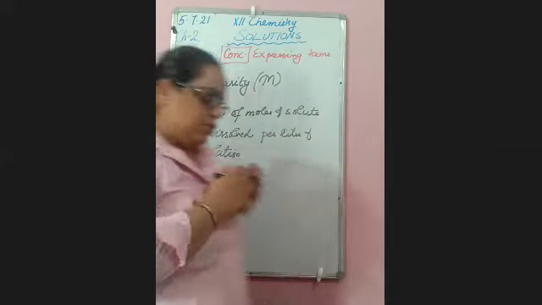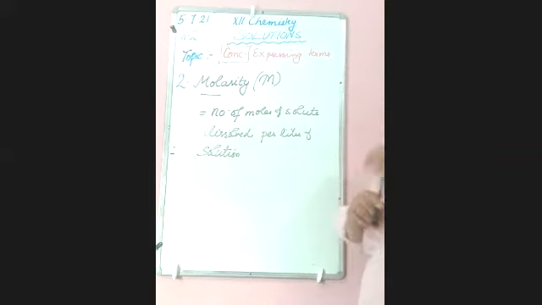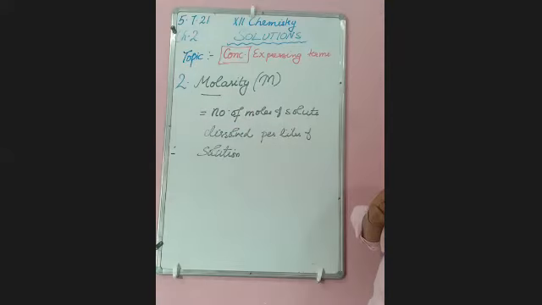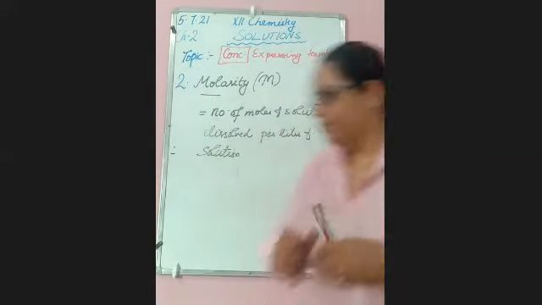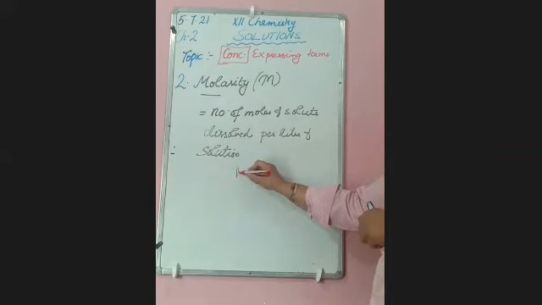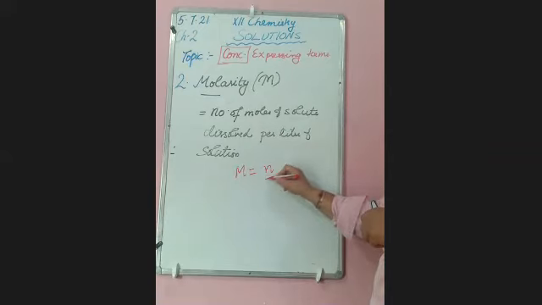Number of moles of solute dissolved per liter of solution. Mathematically, it is M is equal to n by V.